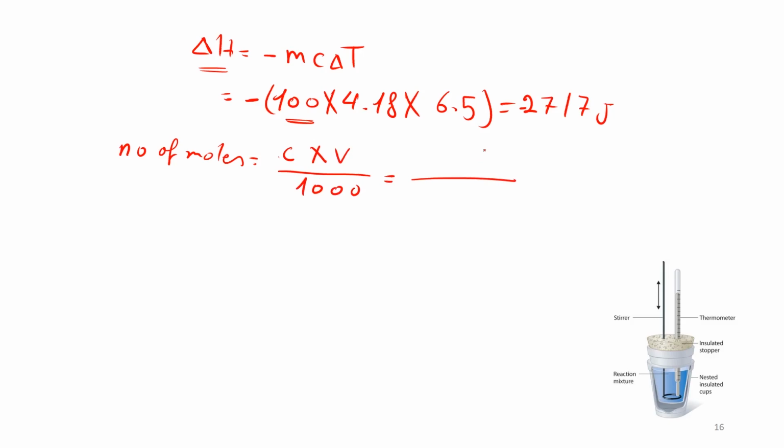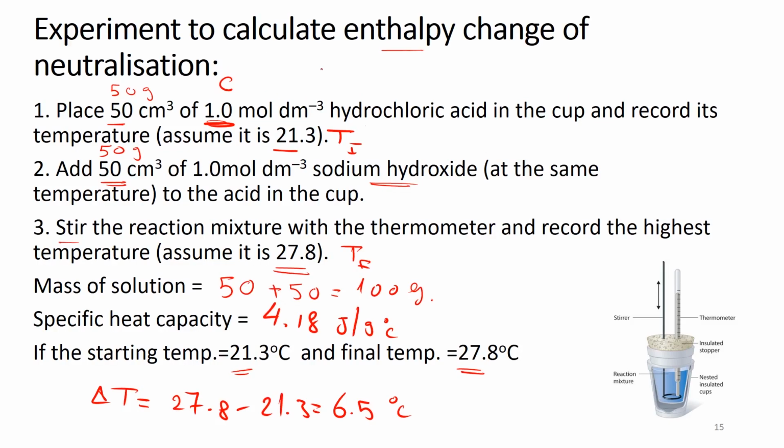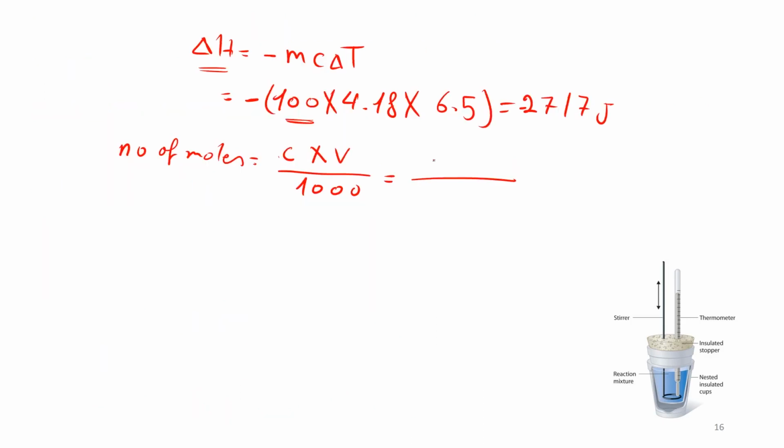I have the concentration, like I've seen in the previous slide, equal to 1. So I will multiply 1 by the volume, in that case 50, and divide by 1000. This means it's equal to 0.050 moles. So this is the number of moles.